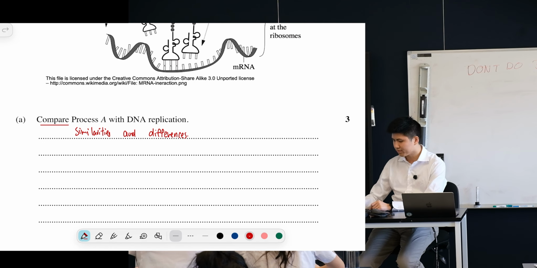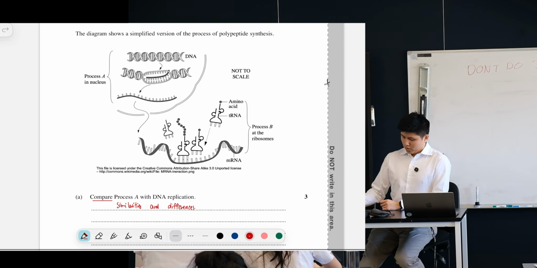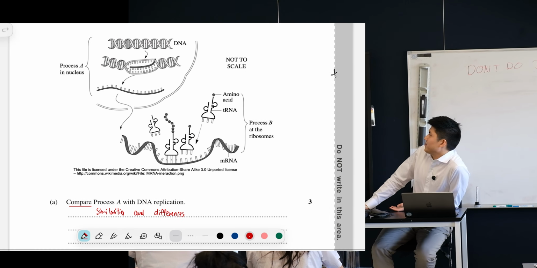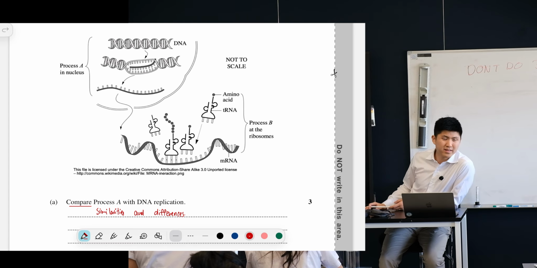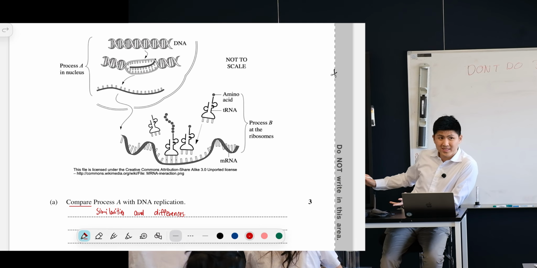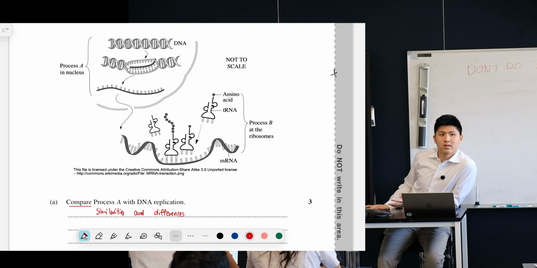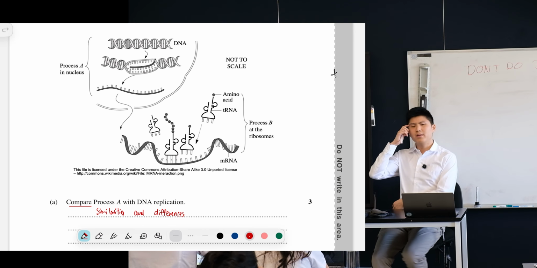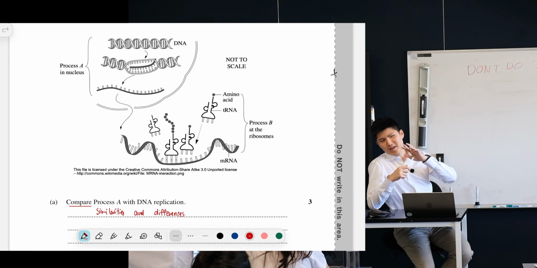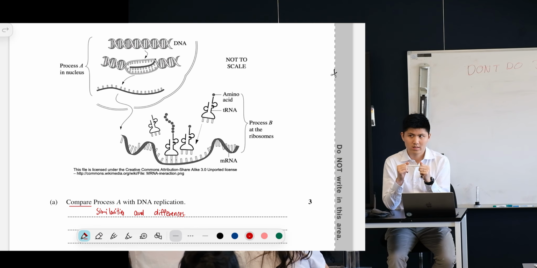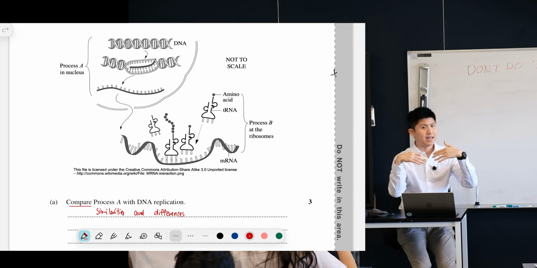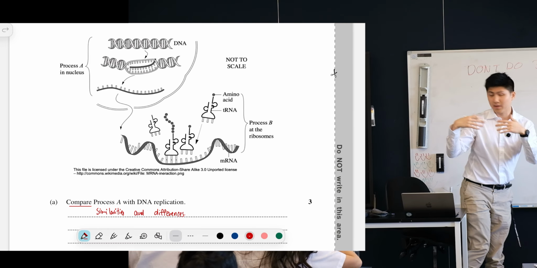All right, now, we'll chat about this. What are some things that happen in polypeptide synthesis that also happen in DNA replication? What are some things that they have in common? Produce another strand. That's true, a new strand is made. But technically it could be different because one's making RNA and one's making DNA. They both require DNA as their genetic material. Yeah, so both use DNA as a base before transcription or replication happens.